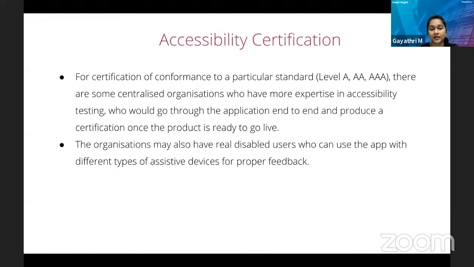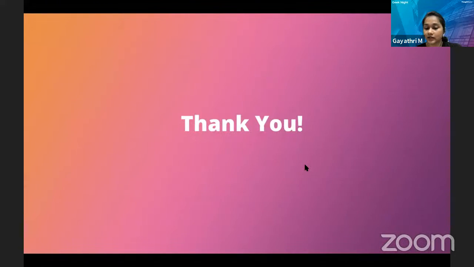It is not mandatory to get the certificate before going live, but even after going live, if we are able to procure this certification, then it is safer for the companies as a business. So this is like the end-to-end flow in which accessibility could be integrated into the SDLC, folks. That's the end of the presentation.